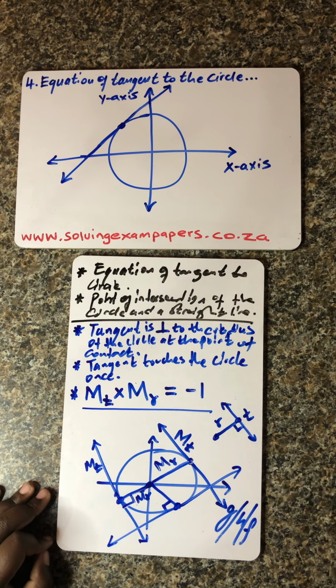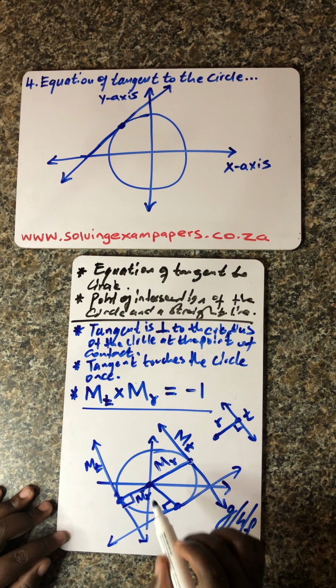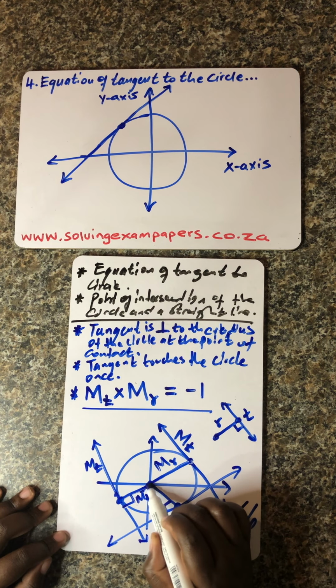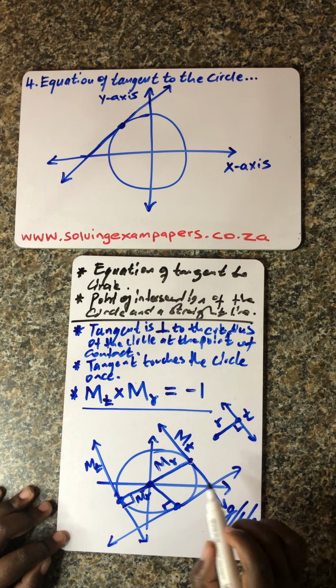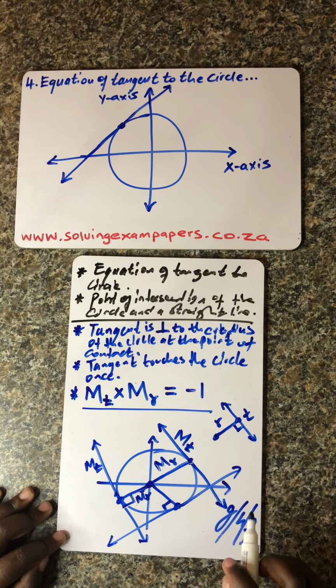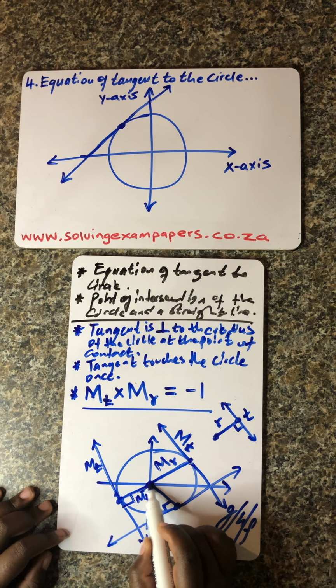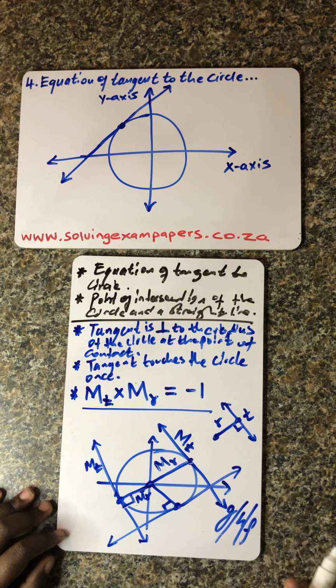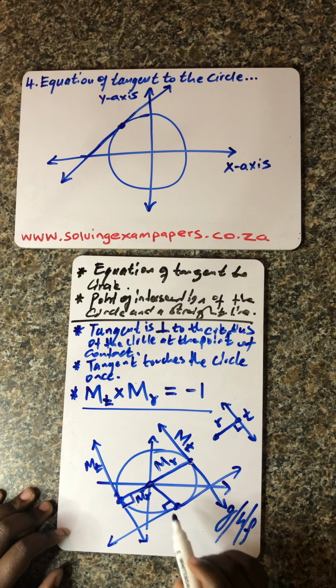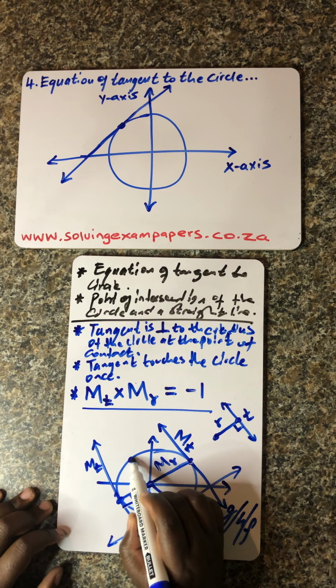Remember something very interesting that you need to note. The gradient of that radius, from there to there, is not the same as the gradient of that other line, because the point of intersection is different.